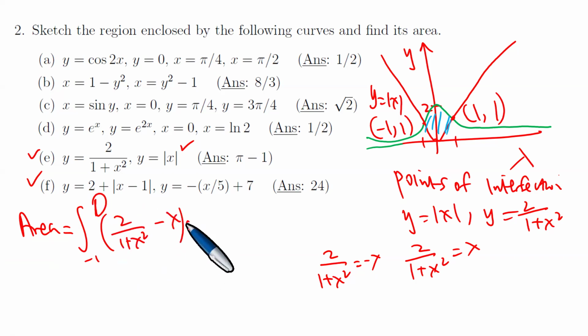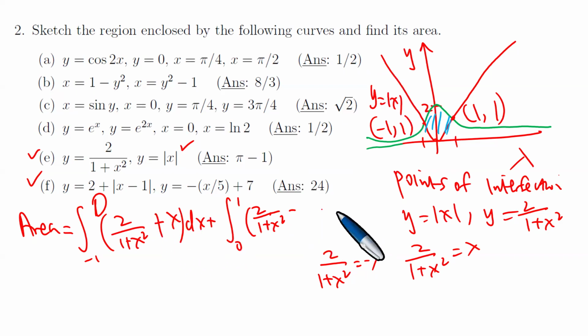Then from 0 to 1. Then you still have the upper curve, 2 over 1 plus x squared, minus the lower curve. Look, this one's going to be plus, and this one is going to be minus x dx, because this curve here is y equals minus x, and this one is y equals x.